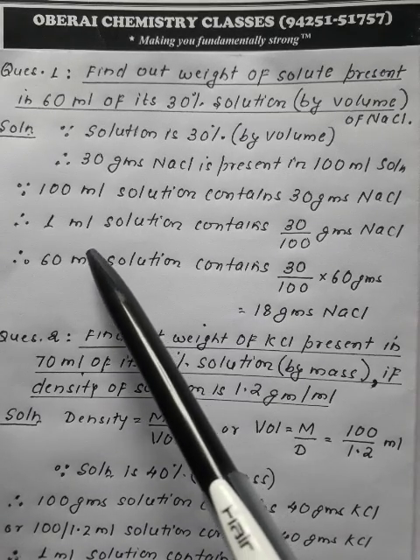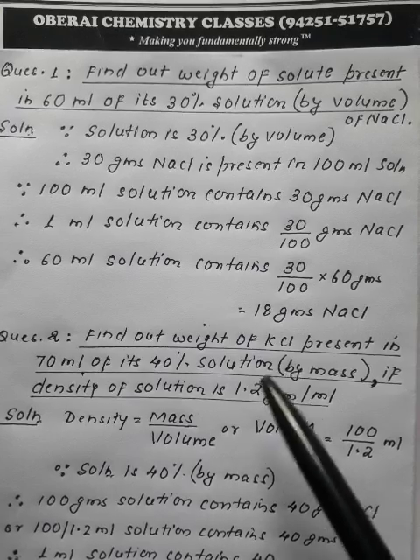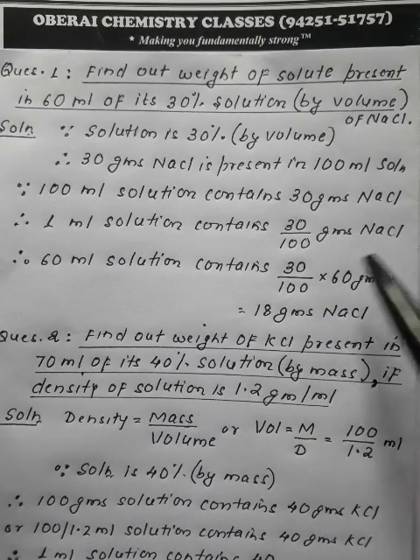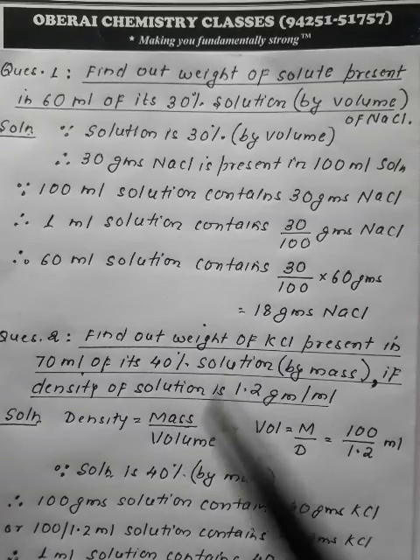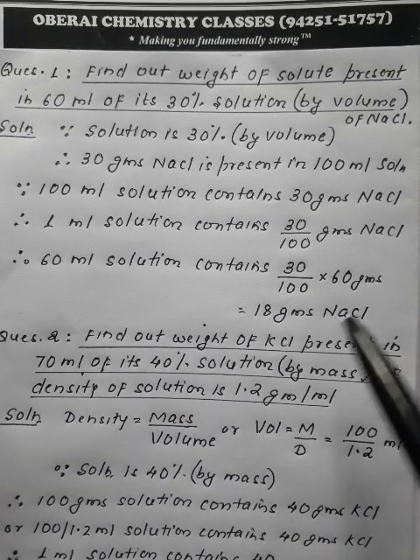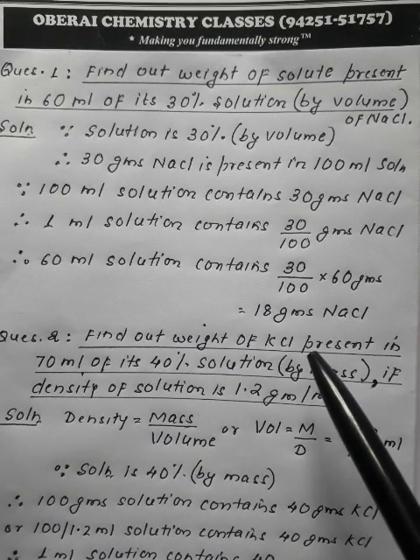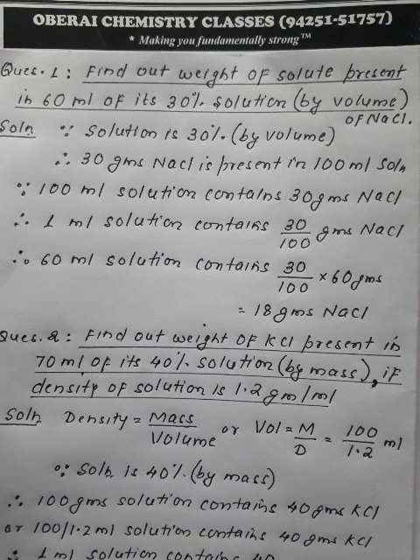Therefore 1 ml of solution will contain 30 by 100 grams of NaCl. Therefore 60 ml of solution will contain 30 by 100 into 60, that is 18 grams of NaCl. So the amount of NaCl in this would be 18 grams.